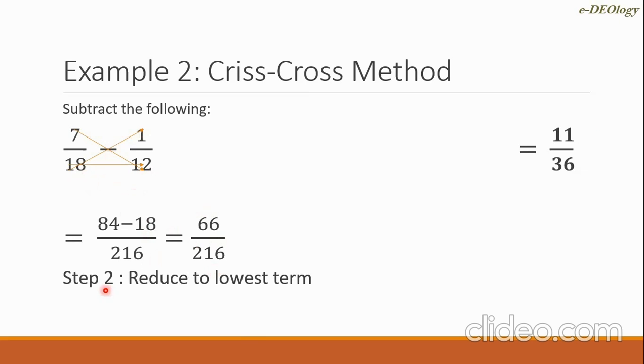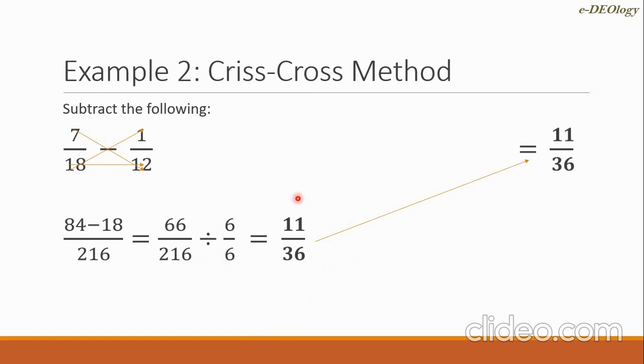Then we go to step 2 to reduce this to lowest term. So the number 6 is the number that can divide both the numerator and denominator. So 66 divided by 6, I get 11. 216 divided by 6 is 36. And we have the same answer with our conventional method a while ago.